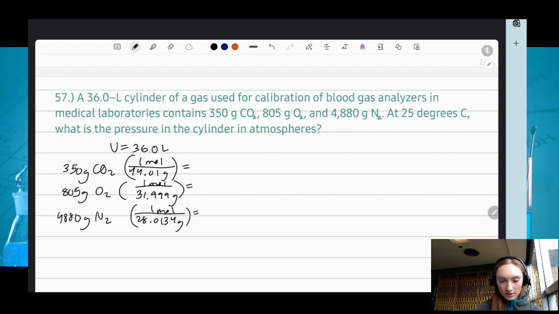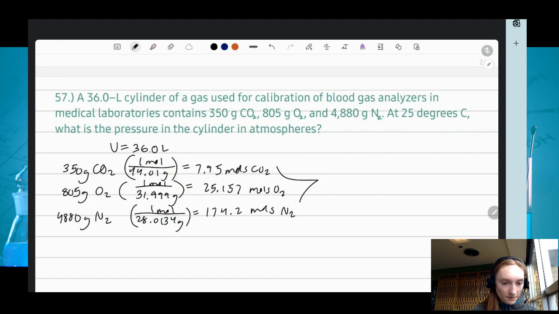After we calculate all of those, we'll get a value of 7.95 moles of CO2, 25.157 moles of O2, and then 174.2 moles of N2. When we add up all of those together, that is going to be the total amount of moles. And so we will get a value of 207.31 total moles of everything.